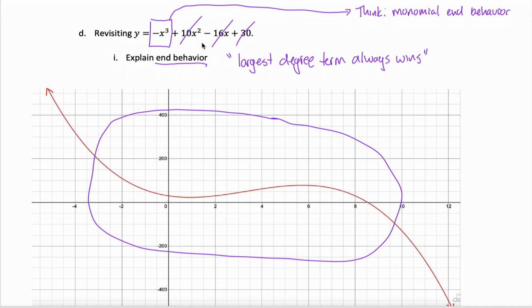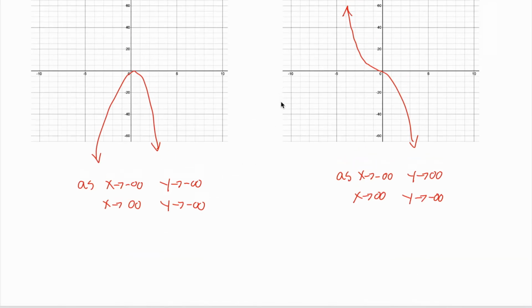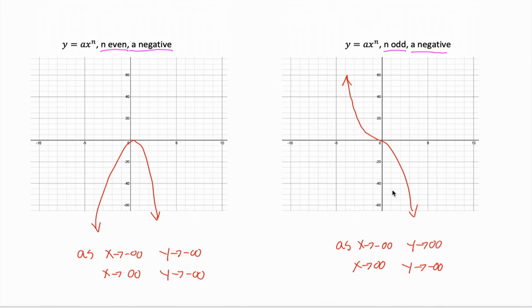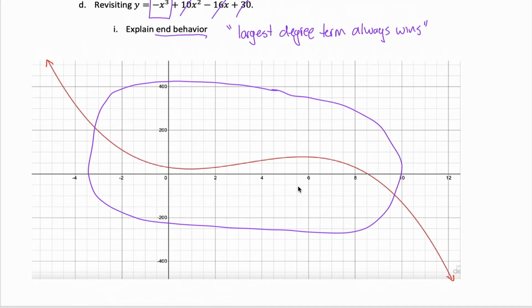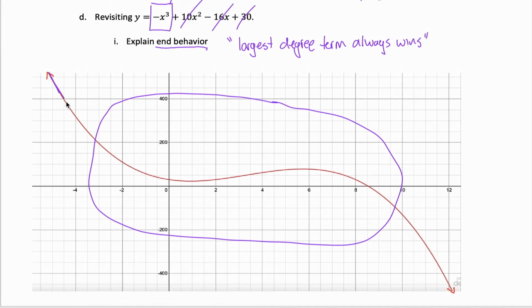You take a look at this polynomial, you just look at negative x cubed, you recognize that a is negative and that n is odd, so really we're in this case. So this graph is going to go down when we go to the right, and it's going to go up when we go to the left, which is exactly what we see pictured. Even if we didn't have this graph, we would know that eventually it's going to go up to the left.